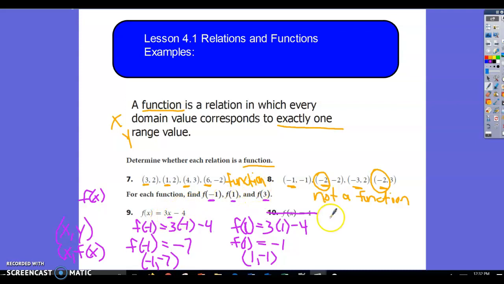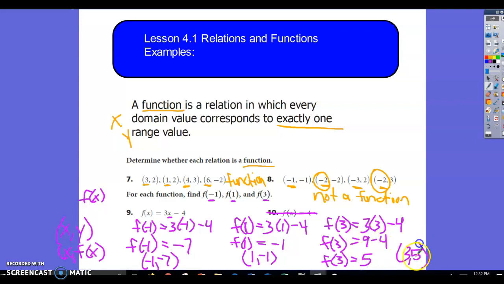All right, so we're going to look at one more, f of 3, and we're going to do 3 times 3 because x is 3 in this case, and then minus 4. So we're going to have 9 minus 4. So f of 3 equals 9 minus 4 is 5. So 3, 5 is another point on that line here. Okay?